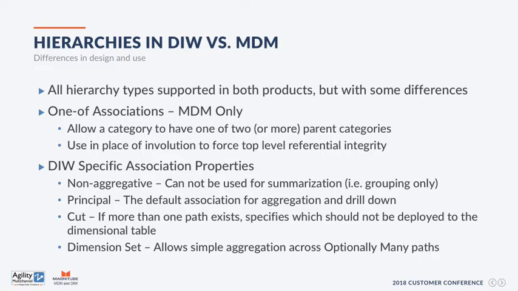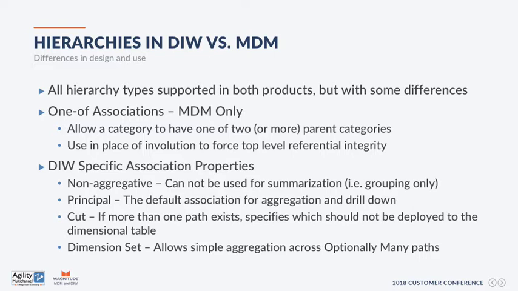So these can be used in place of an involution when you want to enforce mandatory involution, that is, every child must have a parent, and allows you to get around the problem then of what you do with the top-level parent. You simply associate it to a parent category to hold the top-level parent. We'll see examples of this later when we get into a demo of the modeler.